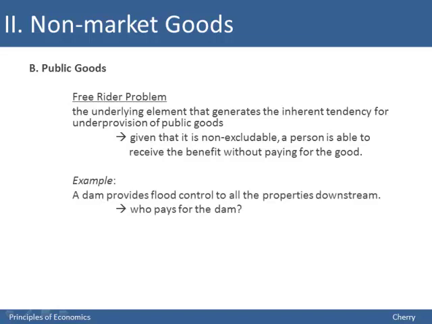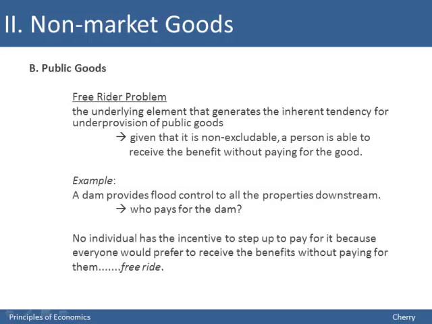Right? So for example, a dam is proposed to provide flood control for all the properties downstream. Who pays for the dam? Well, no individual has an incentive to step up and pay for it, because each individual would be better off if someone else paid for it and they got to enjoy the benefits. Right? So if everyone's thinking that, or if just enough people are thinking that, then it's going to be underprovided.